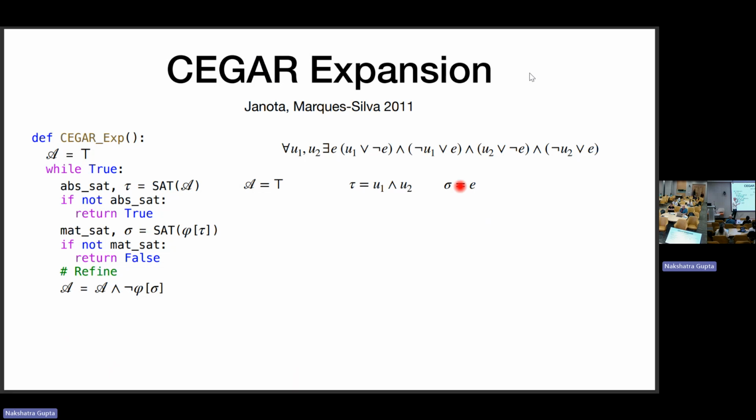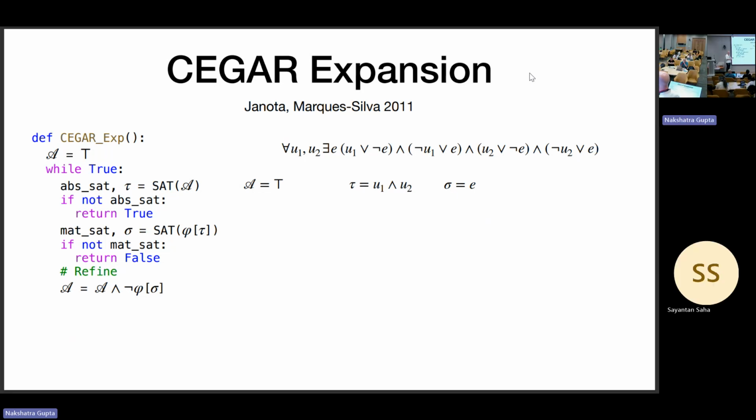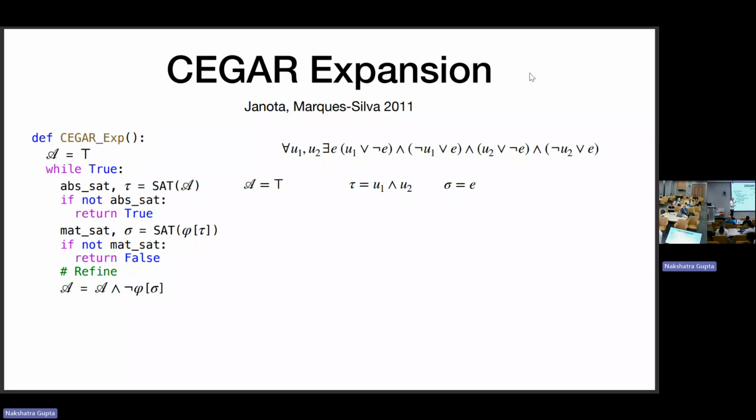Okay, so sigma, the assignment where the existential player assigns E true in combination with U1, U2, satisfies the matrix, so that's a counter move for the existential player against the play of the universal player. And now we perform abstraction refinement, which means that we want to get rid of all moves for the universal player for which playing E true is a counter move for the existential player.